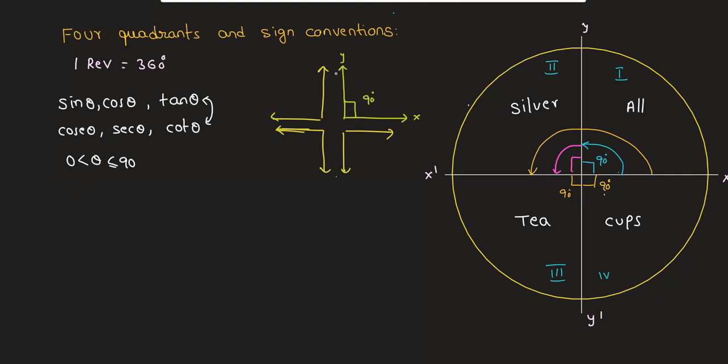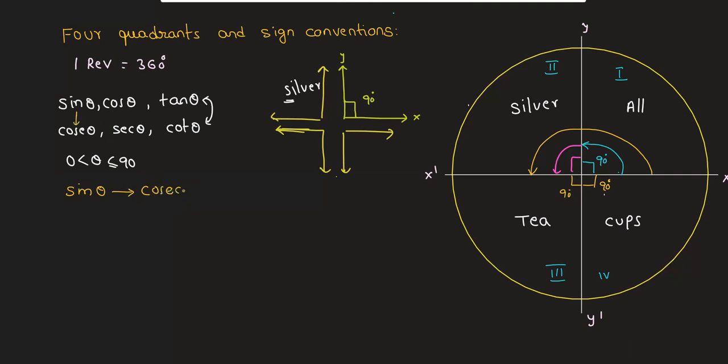Next, in the case of the second quadrant, it is indicated with silver. Silver, S, means sine theta and its reciprocal, cosecant theta.